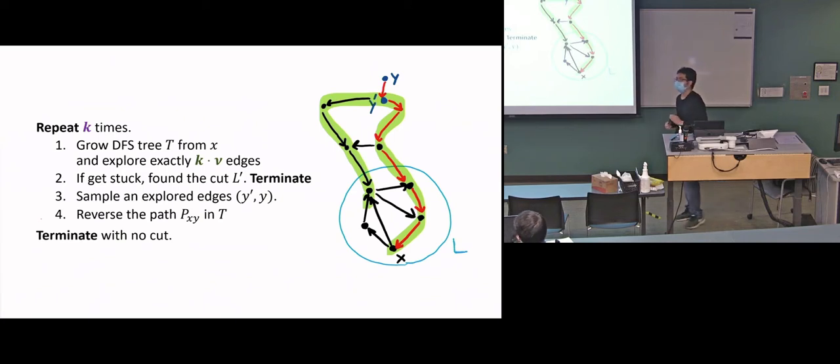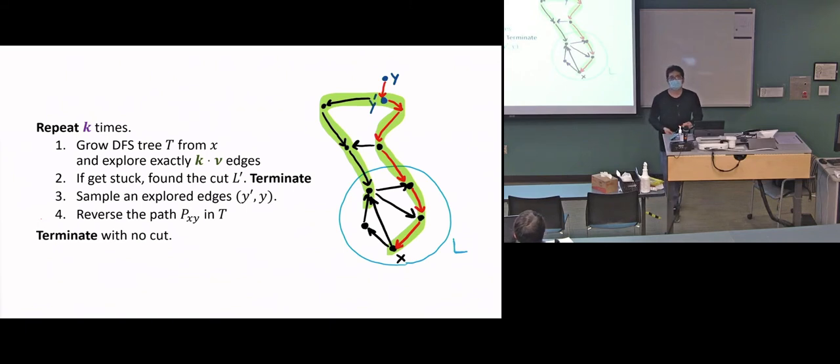Are there any differences between sampling an edge and sampling a vertex of the tree? It's just that I define L to have a small number of edges, so that's why I sample an edge. If we know that L contains not too many nodes, you can sample a node.